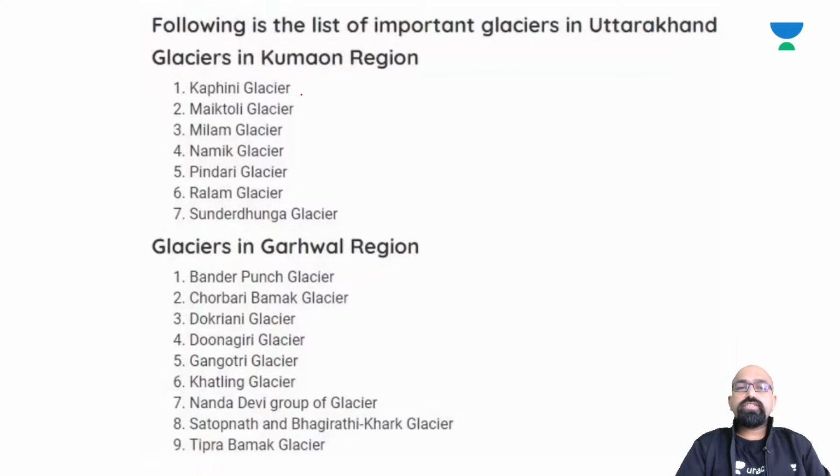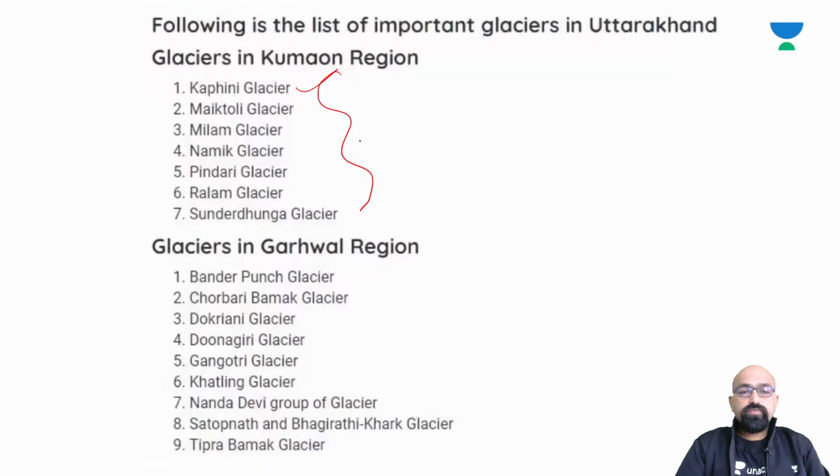So in Kumaon region, Kaphini Glacier, Maiktoli, Milam, Namik, Pindari, Ralam and Sundardunga. These are the glaciers found in the Kumaon region.